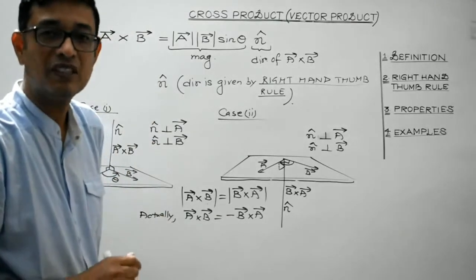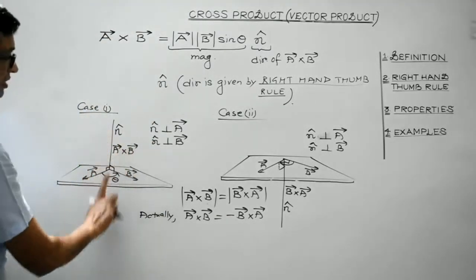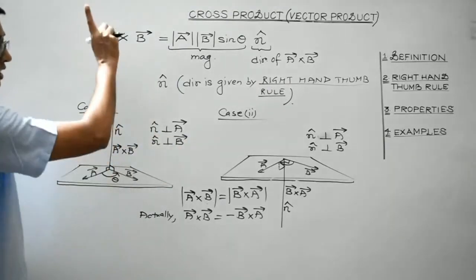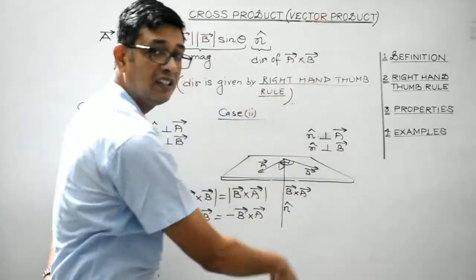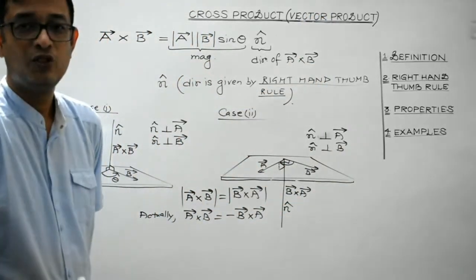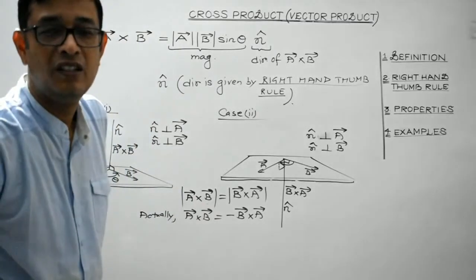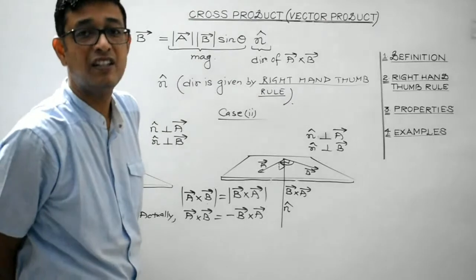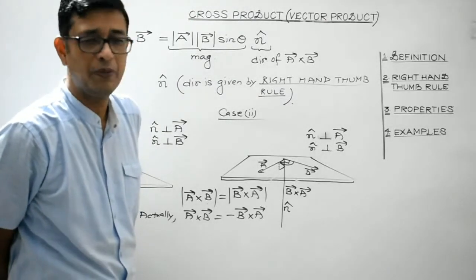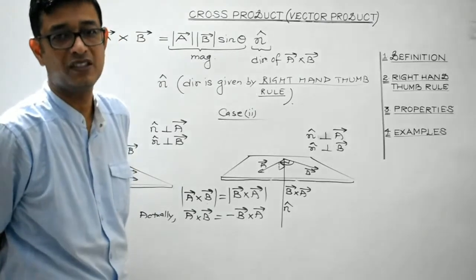The angle between them is 180 degree. So here A cross B is directed perpendicular to the plane and in the upward direction. Here B cross A is directed perpendicular to the plane and in the downward direction. So basically students, it does not obey commutative law. It is anti-commutative. So vector product does not obey commutative law. Clear? This is one of the basic properties.